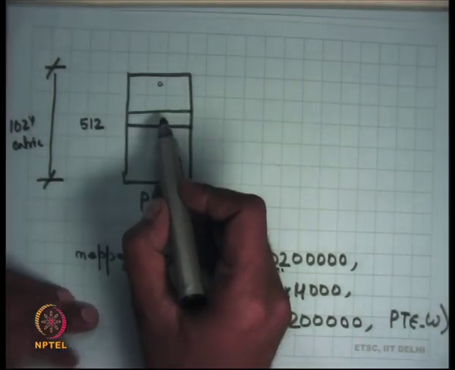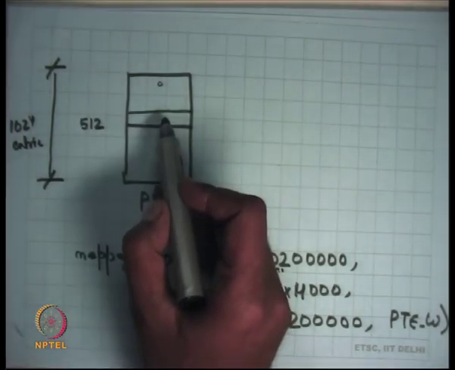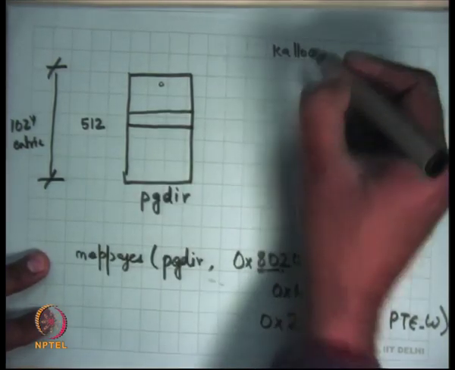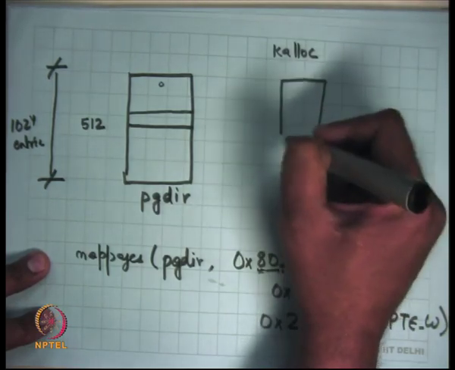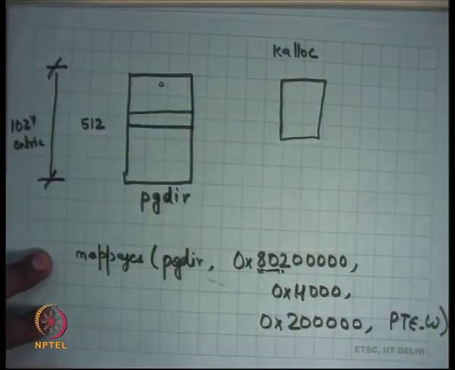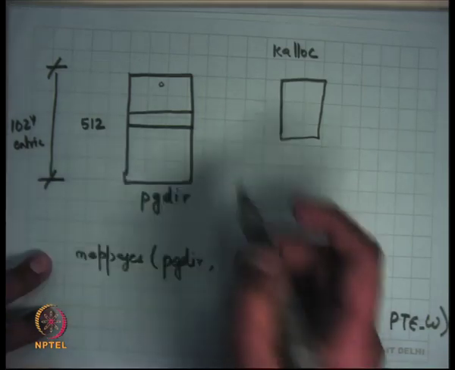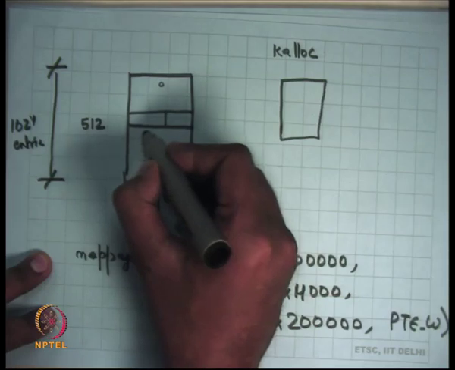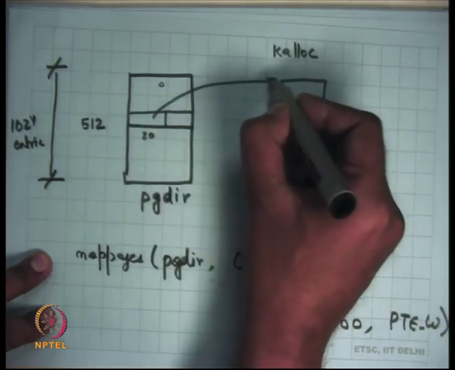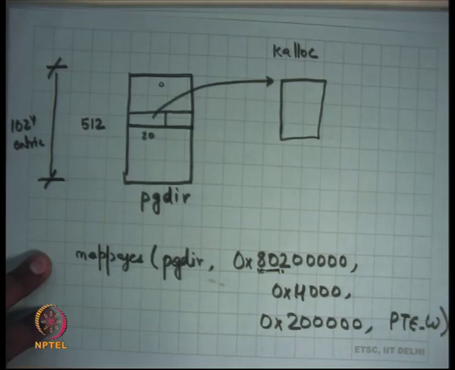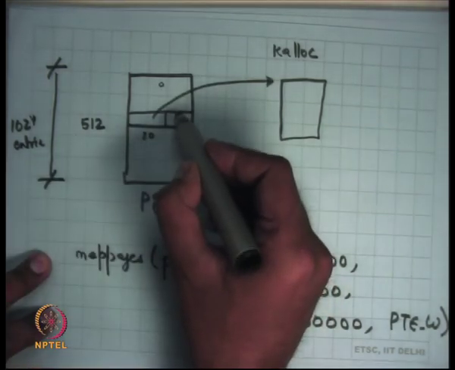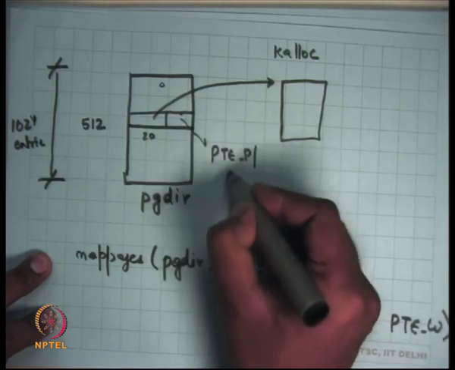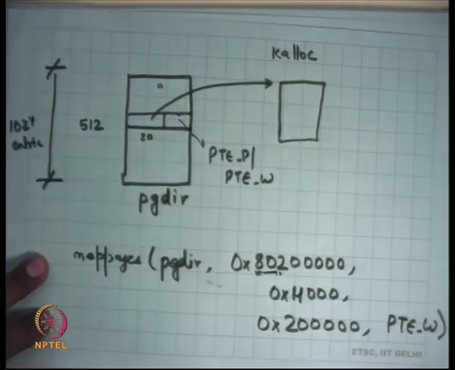At this entry I'm going to see it's a 0, right, so nothing has been mapped here. So what I'm going to do is I'm going to say kalloc, and I'm going to allocate a new page, right, from the heap that we have seen before, same heap, we're going to use kalloc, and I'm going to point the top 20 bits to the physical address of this page, right, and I'm going to set the permissions here to present and writable, right.